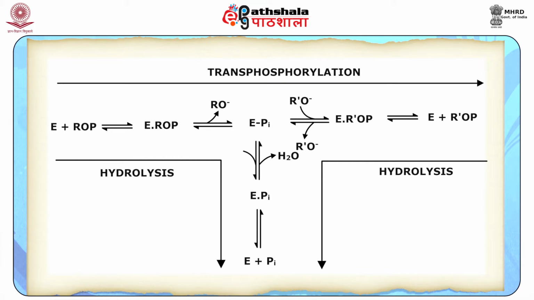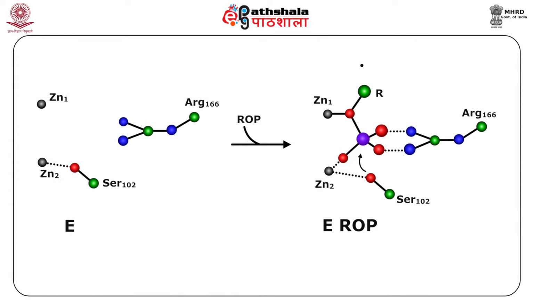Alkaline phosphatase functions through the formation of a phosphoseryl intermediate to produce free inorganic phosphate or by transferring the phosphoryl group to other alcohols as shown in the figure. The free enzyme interacts with the dianion of the phosphomonoester ROP to form the enzyme substrate complex E.ROP as shown here.